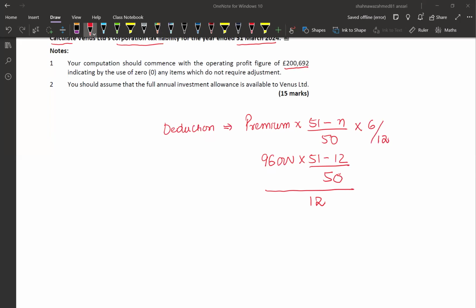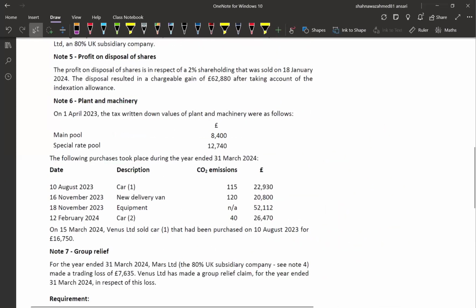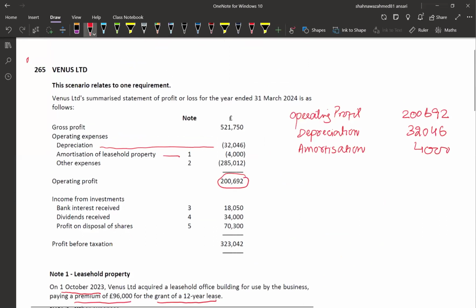As a result of this, after adjustment, it's 3,120. This is the amount that we need to deduct against the lease premium.